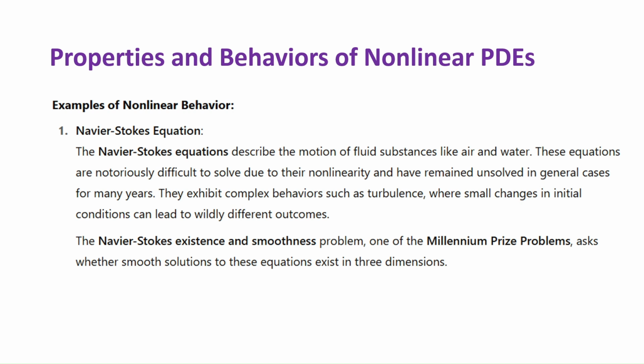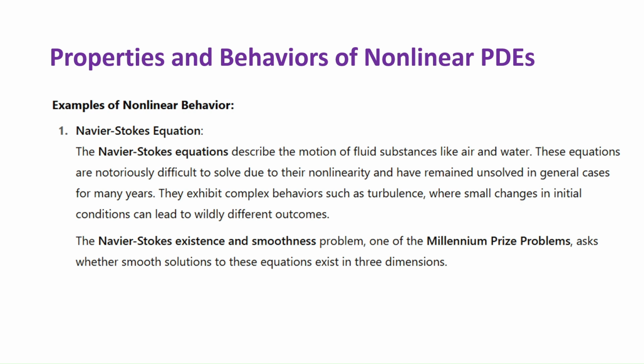Examples of nonlinear behavior. Navier-Stokes equation. It describes the motion of fluid substances like air and water. These equations are notoriously difficult to solve due to their nonlinearity and have remained unsolved in general cases for many years.